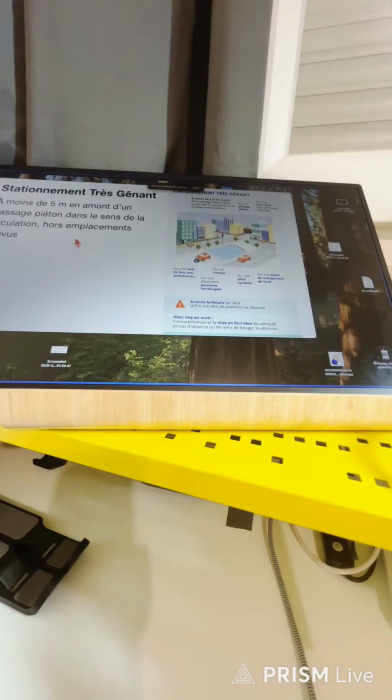You want to park near a passage for pedestrians, you must leave 5 meters. That's what this one means. Except if the place is reserved for parking there. If not, you cannot park closer to a passage for pedestrians except where the place is reserved for parking.